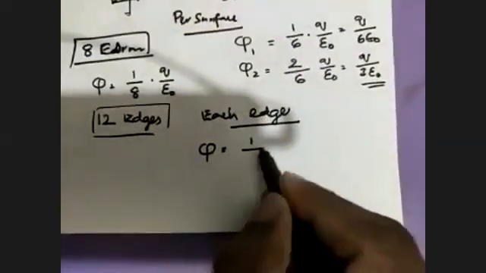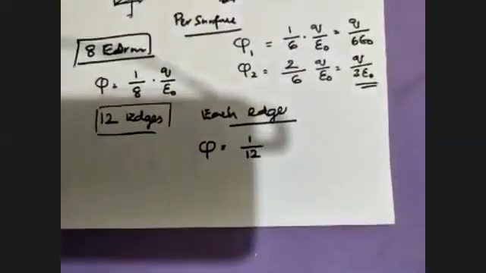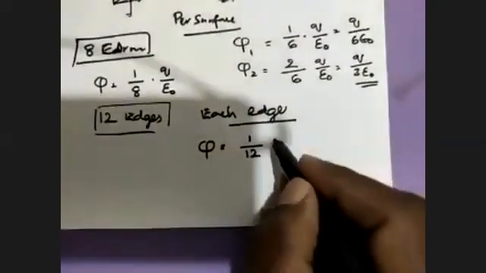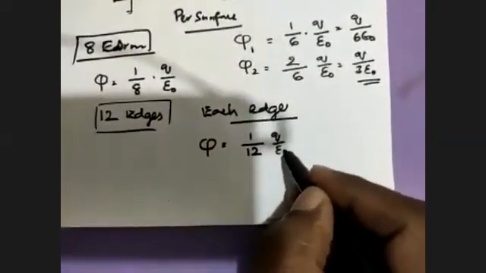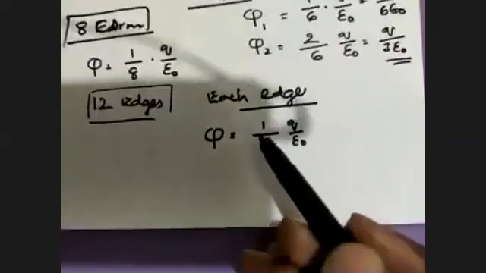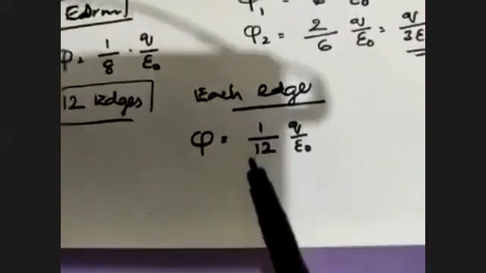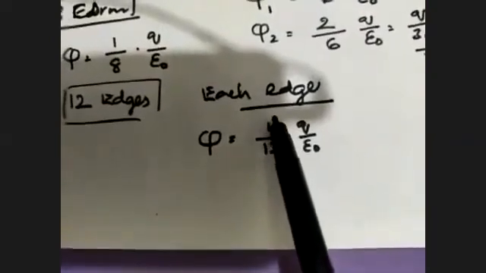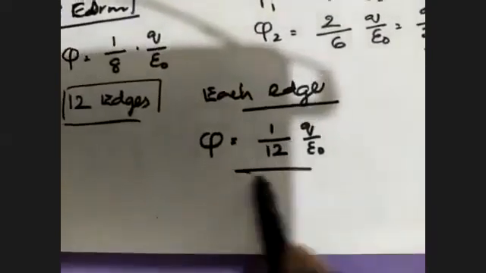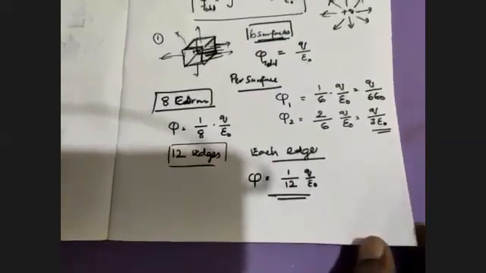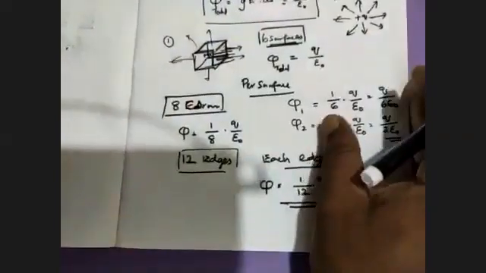We take 1 edge out of 12, so Q by 12 epsilon. If we take 2 edges, 2 by 12, 3 edges, 3 by 12, 4 edges, 4 by 12. Like that we have to calculate the flux linked with a cube when the charge is exactly at the center.